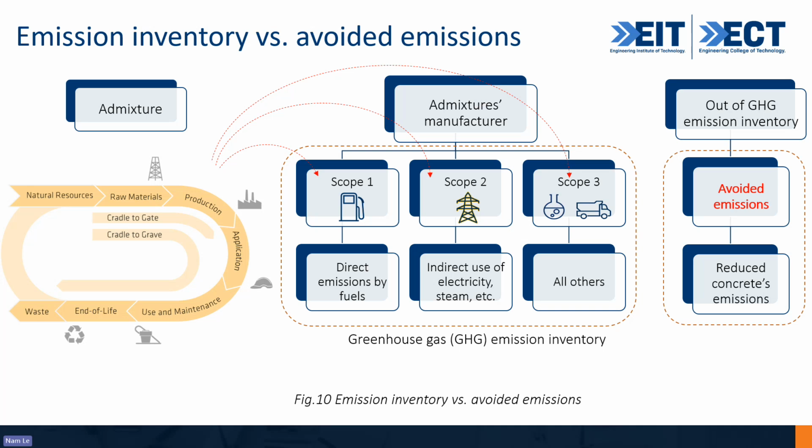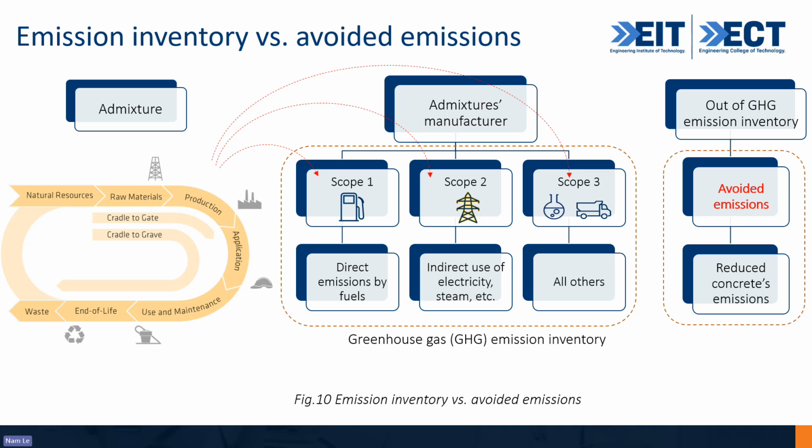Like here, scope 1 is all the fuels we burn in the factory. Nowadays, we don't burn much in the factory, of course, especially concrete admixtures manufacturers, they don't burn much fuel, right? But maybe it can be just a little bit of gas, or even the company vehicle, like the car we drive, if that one belongs to the company, then we need to account for the fuel we burned with that car, right?